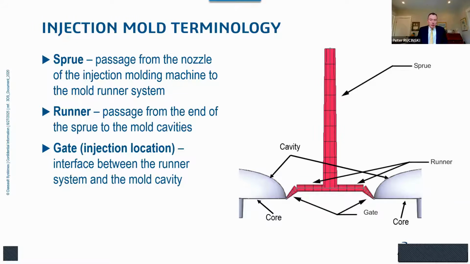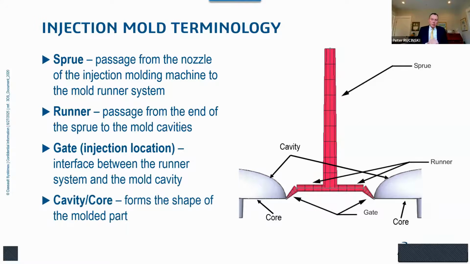So the gate is the last piece of geometry that the melted plastic sees before it enters the mold cavity. One important thing to know about gates is that more often than not, they are probably the thinnest cross-sectional area that the melted plastic has to travel through. And of course, once the plastic goes through the gate, it enters the mold cavities. Those are formed by the mold cores and cavities.